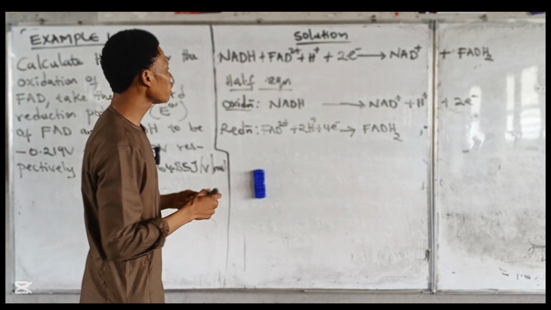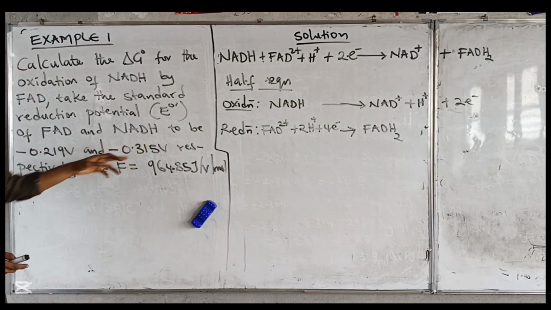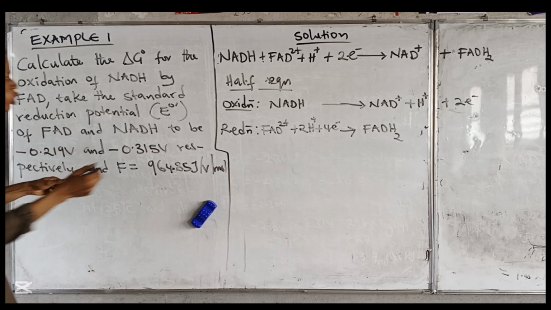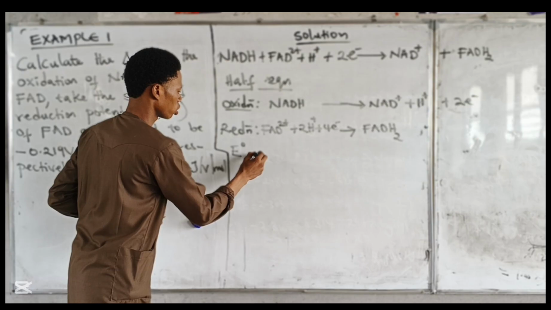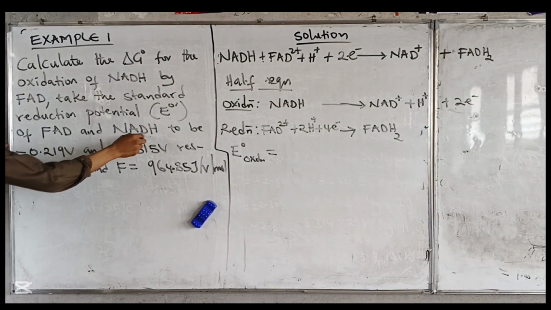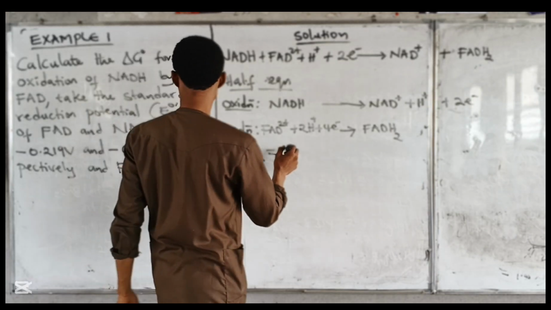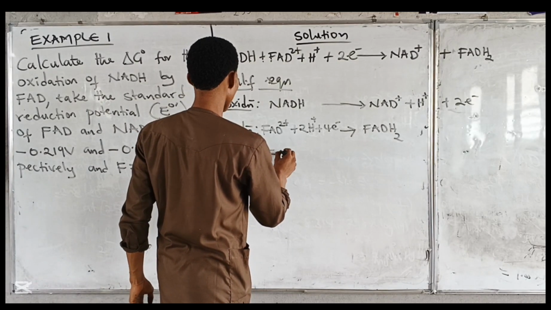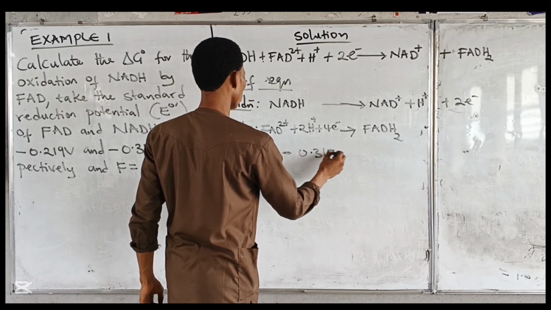But now we were given, for oxidation, that's NADH, the reduction potential as what? So E0 for oxidation. It is for oxidation because we know that NADH undergoes oxidation, right? And this one undergoes reduction. So E0 for NADH was given as minus 0.315 volts, right?